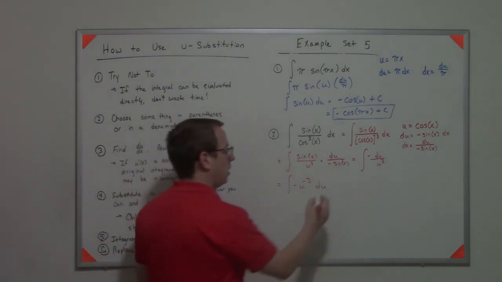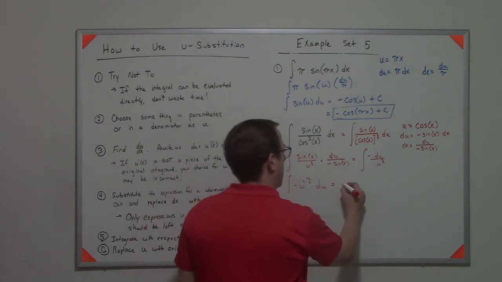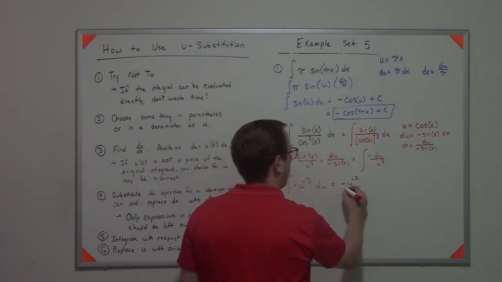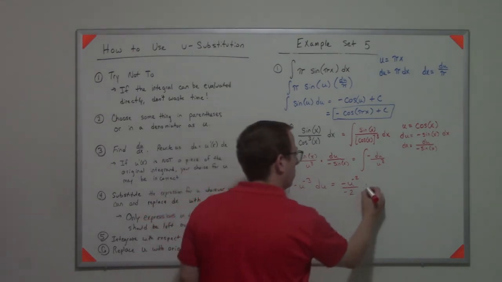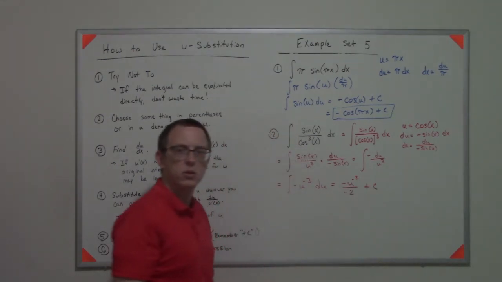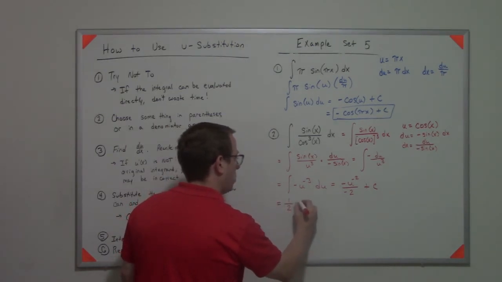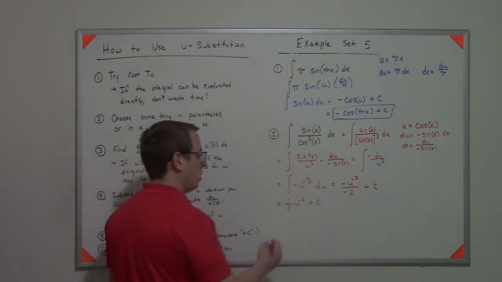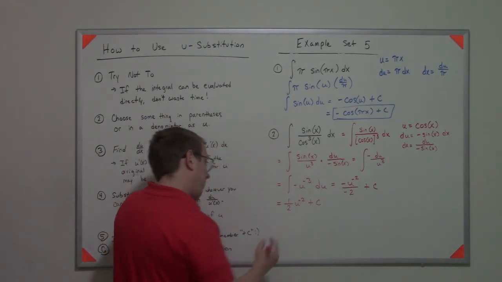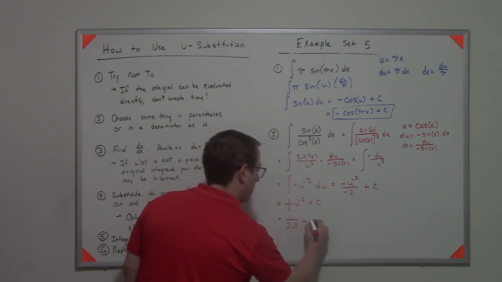Okay, so then we can use the power rule here. We can say negative u, add 1 to the power, divide by the new power, plus c. So that makes our negatives cancel. That's super convenient. So I have 1/2 u to the negative 2 plus c. But I don't really like that, so I'm going to say 1 over 2u squared plus c.